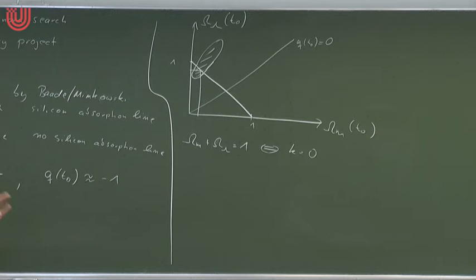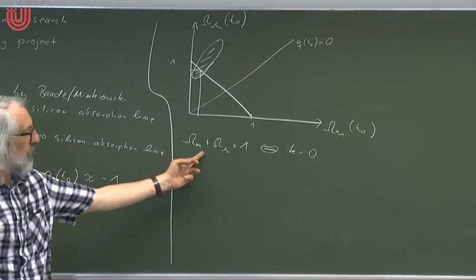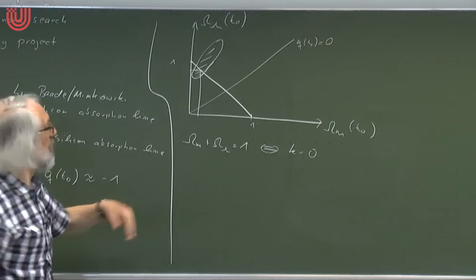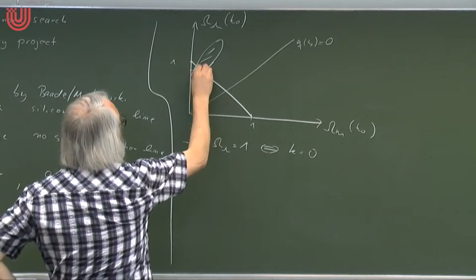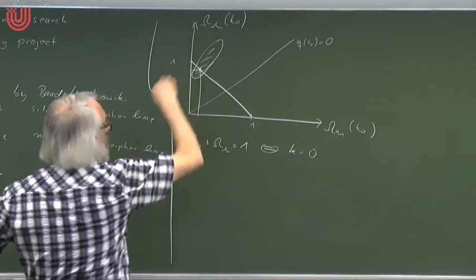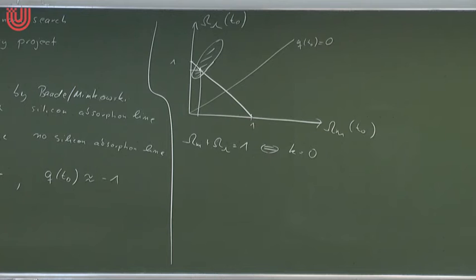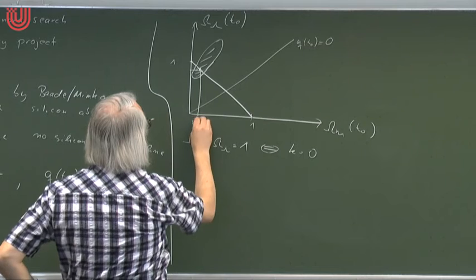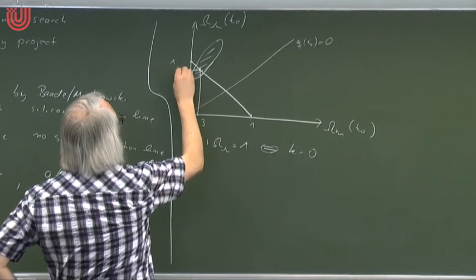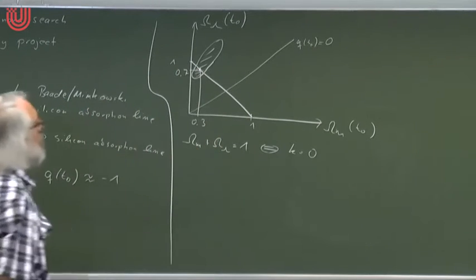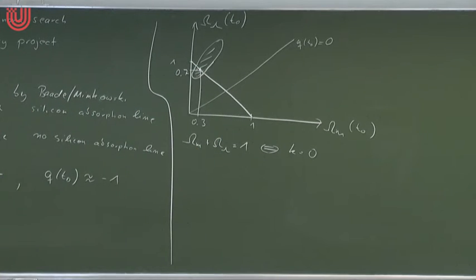And this means little k equal to 0 is a very good approximation. Then we must have this relation, we must be on this line. If you assume this, then it would be well inside this region advocated by these observations. Then we get something like omega m 0.3 and omega lambda 0.7. Those are the numbers which you can find in these papers.